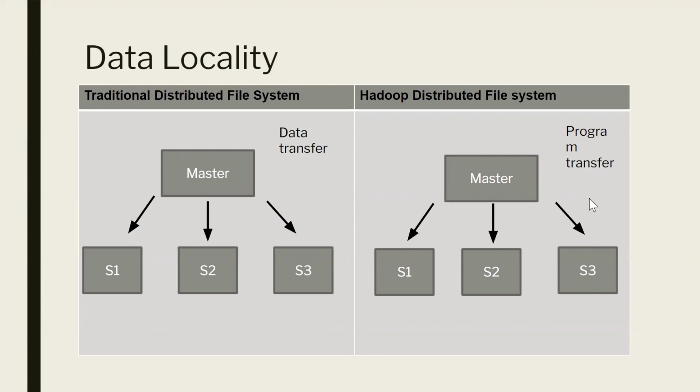Now, can anyone tell us what is the key difference? On the right hand side, in the Hadoop distributed file system, we have one program that is managing all the storage. Yeah, cool. We have different systems to store the data, but the master is a single system.